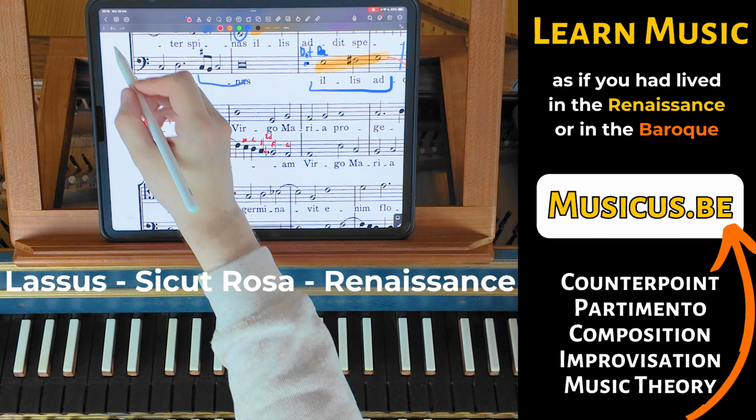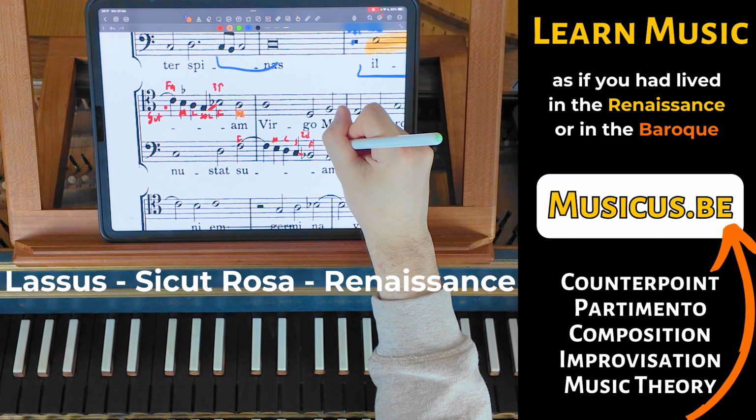One thing I don't really understand is the use of the fa la in the bass. I know that it's because of imitation, but often I see the fa above the melodic line and not under. I tell you why. Because here you can even say fa mi or fa mi.